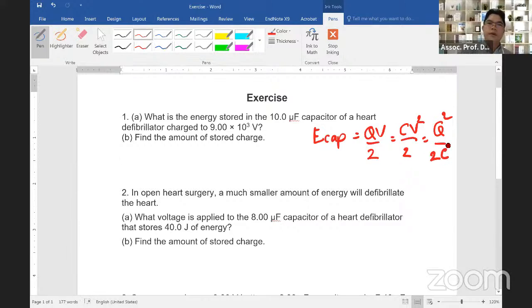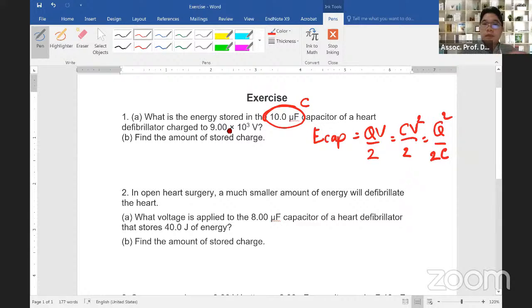For the first exercise, what is the energy stored in a 10 microfarad capacitance of a heart defibrillator charged to 9 times 10 to the power of 3 volts?